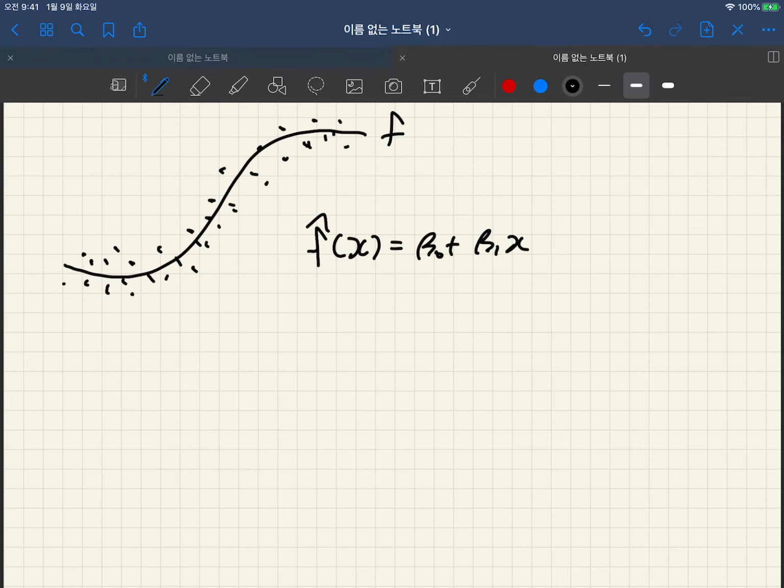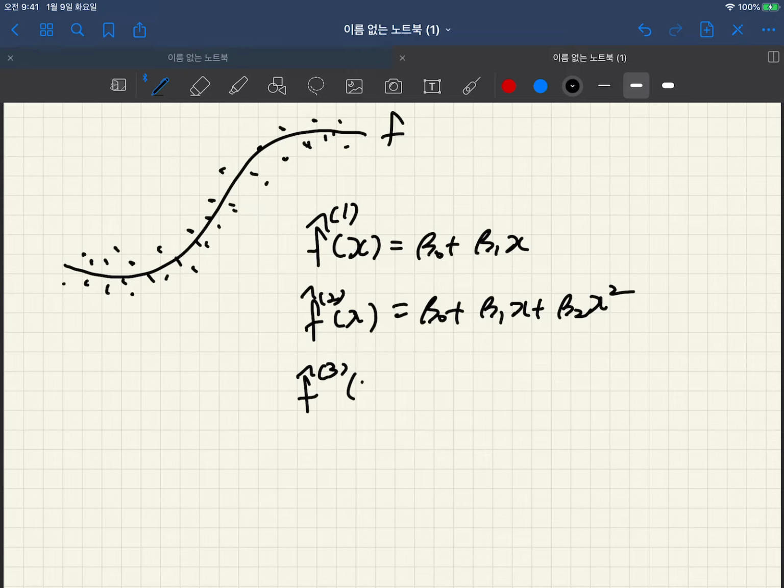And we can control beta 0 and beta 1 so that the MSE is minimized. But we can also consider another type of model, second order polynomial. Like this. We can consider third order polynomial, and so on.